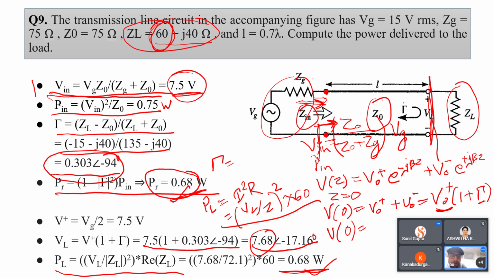Whenever there is a reflection associated with it, only then will Z in come into the picture. But till now, this signal has not approached the load side, so there will be no reflection.